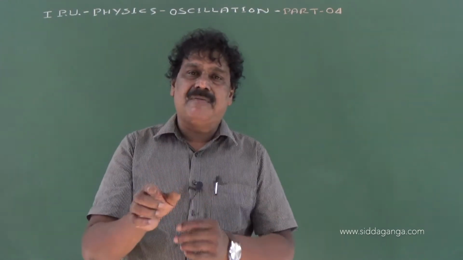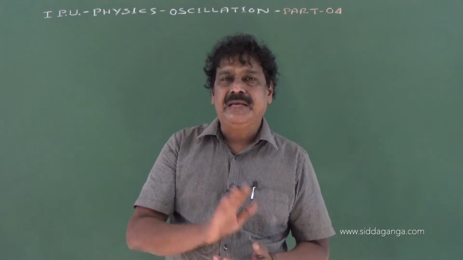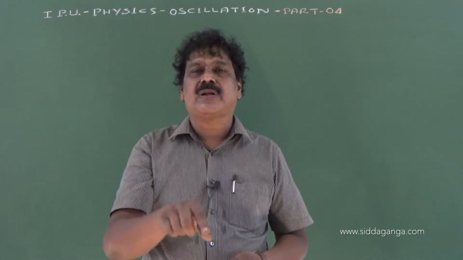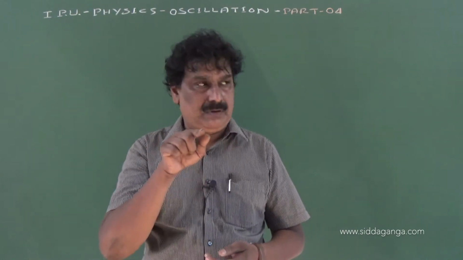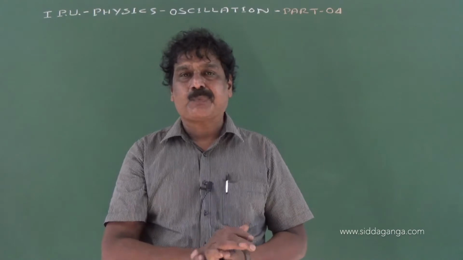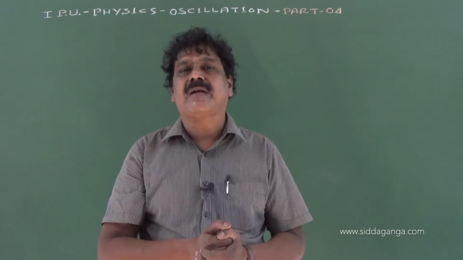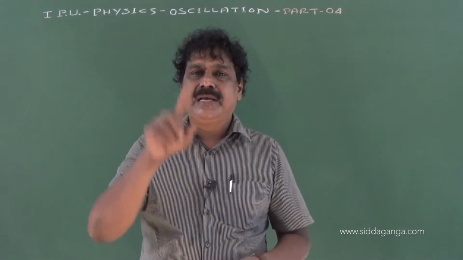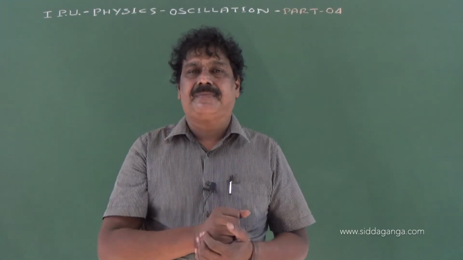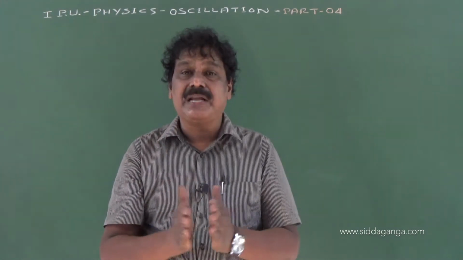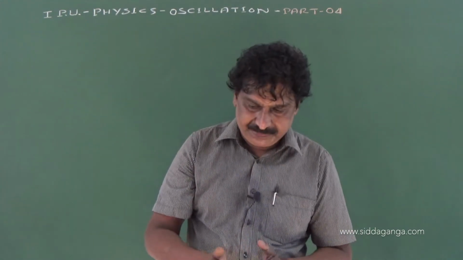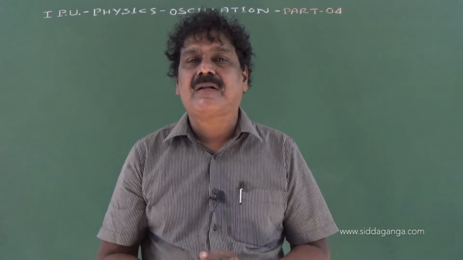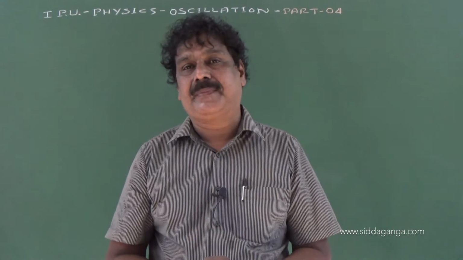So the period of circular motion is equal to the period of the to and fro motion of the foot of the perpendicular, which represents a simple harmonic motion, and the frequency of circular motion is equal to the frequency of simple harmonic motion. Using this concept, we have derived the equation of simple harmonic motion.